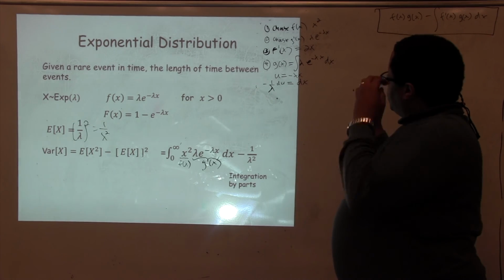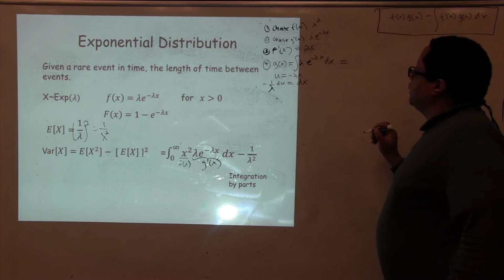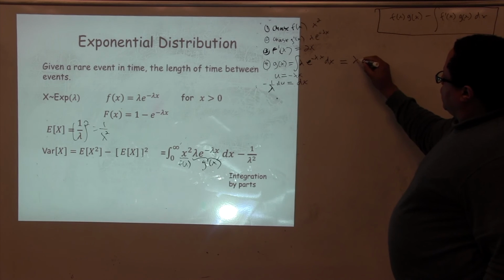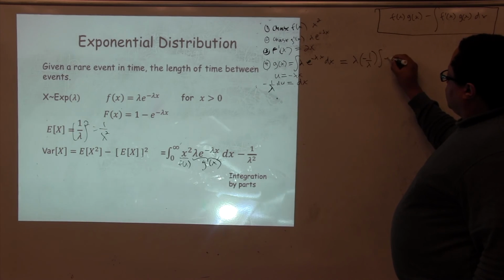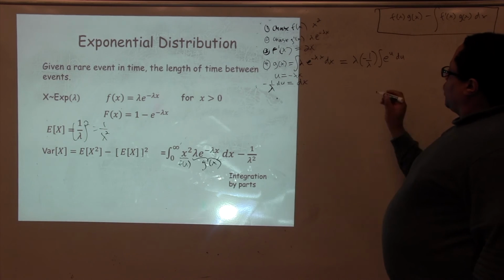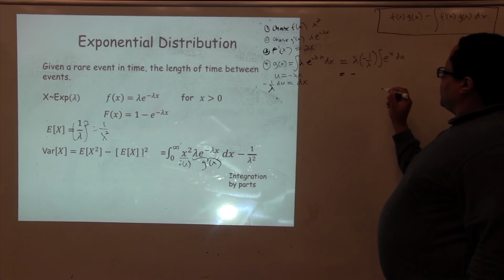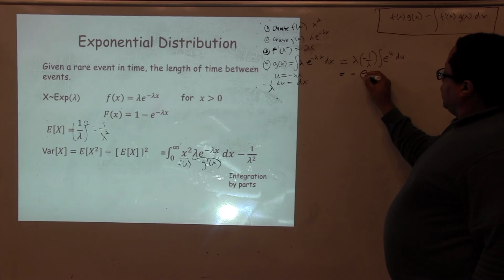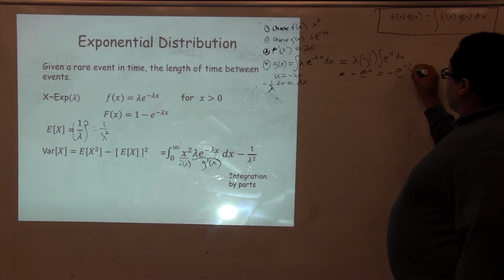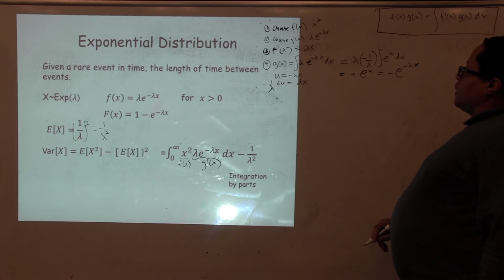So if we do this integral, we have lambda times minus 1 over lambda, integral of e to the u du, right? That's nothing more than minus e to the u, which is the same as minus e to the minus lambda x. Okay, so that's our g of x.